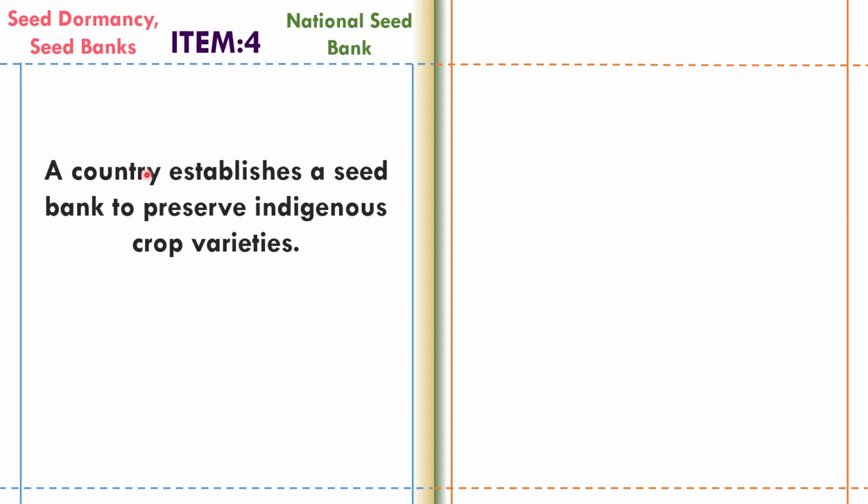Item 4, still under seed dormancy and seed banks. We are going mainly to emphasize on National Seed Bank. A country establishes a seed bank to preserve indigenous crop varieties.